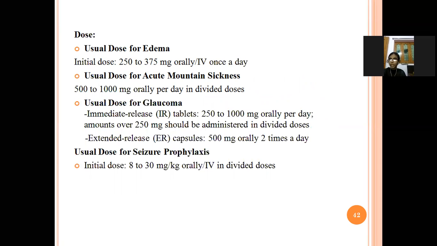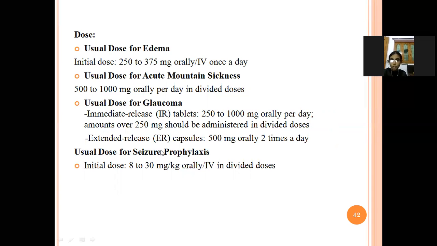For that condition, you have to take 500 to 1000 mg per day. And in the treatment of glaucoma, we should take 250 to 1000 mg per day. Means based upon the tablet type, it is a different level. For an immediate release tablet, it should be 250 to 1000 mg per day, or for extended release capsules we should take 500 mg orally 2 times a day.